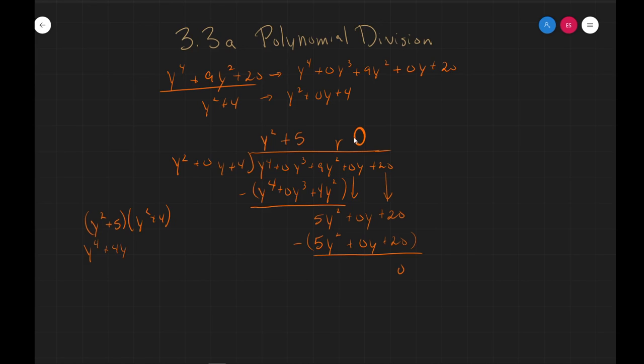And then 5 times y squared is plus 5y squared. 5 times 4 is 20, so plus 20. So we have y to the fourth, and these two add together to make 9y squared, plus 20. Okay? And that looks a whole lot like that: y to the fourth plus 9y squared plus 20.